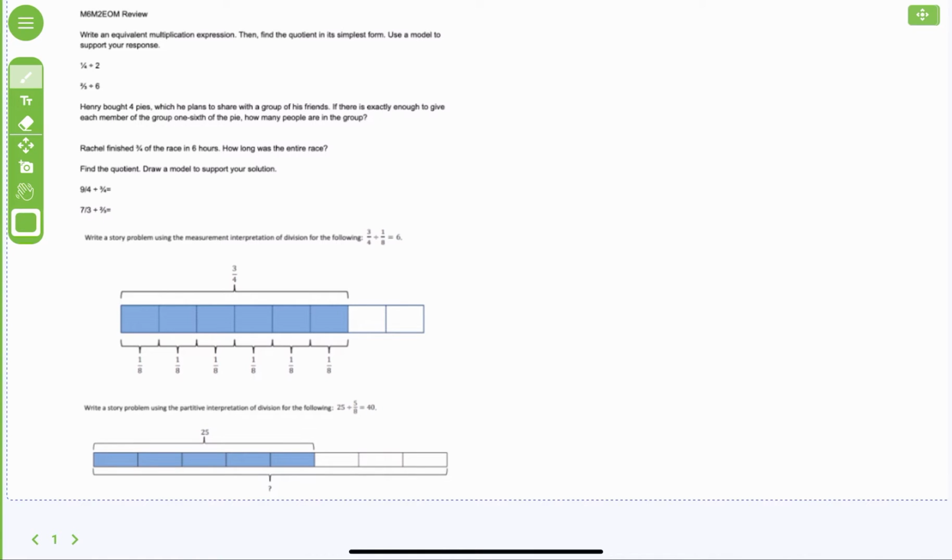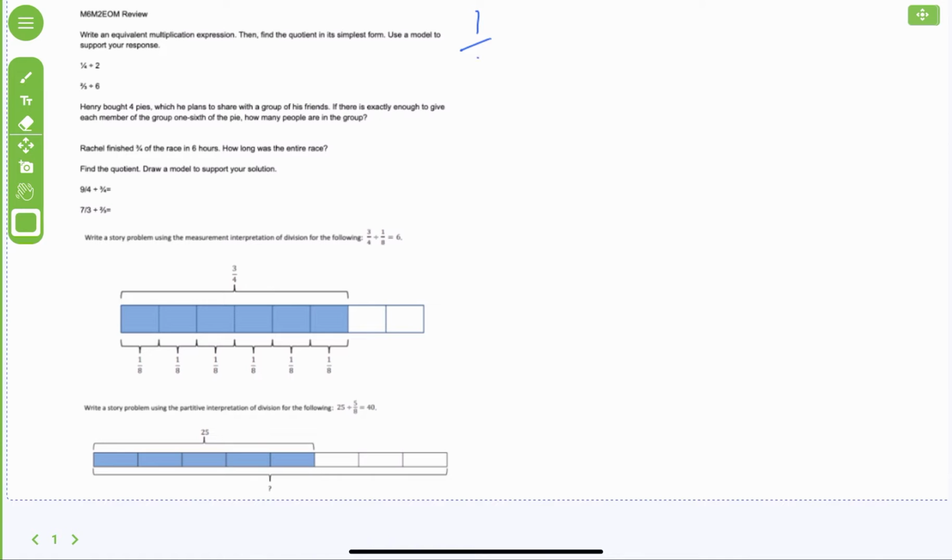Okay, so that says 1/4 divided by 2. And what it means by writing a multiplication expression, that's the same thing as keep, change, flip, right? But the problem with 2 is that's not a fraction, right? Or is it? How can we write 2 as a fraction?